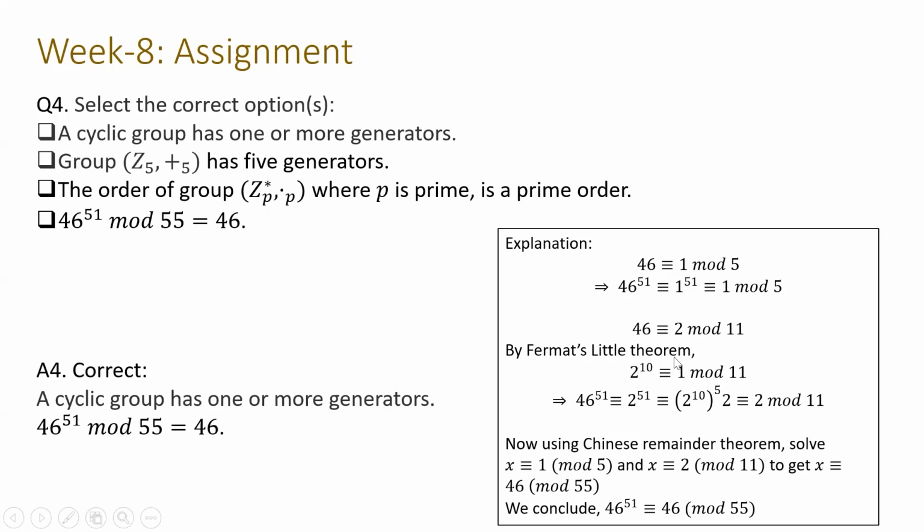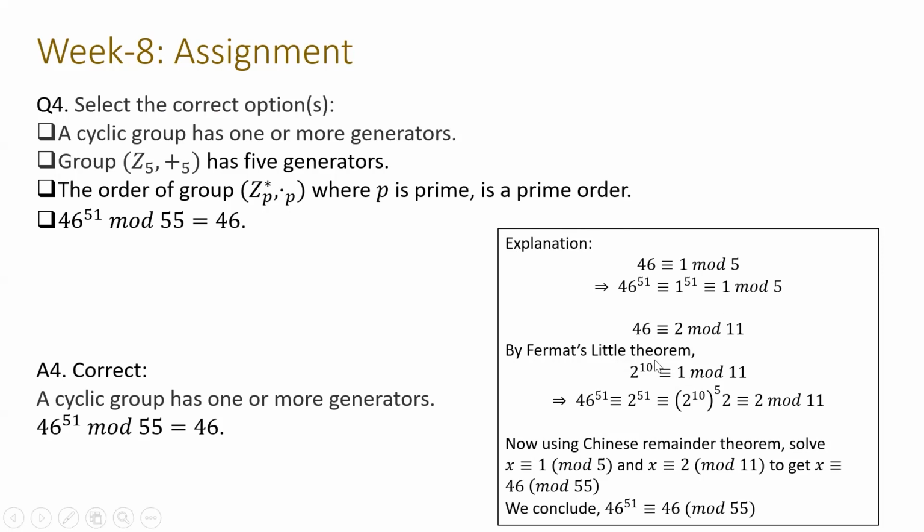What Fermat's little theorem says is that if p is a prime, all the numbers less than p are of course co-prime to p. So you take any number a from Zp, and a to the power p minus 1 will be congruent to 1 modulo p.